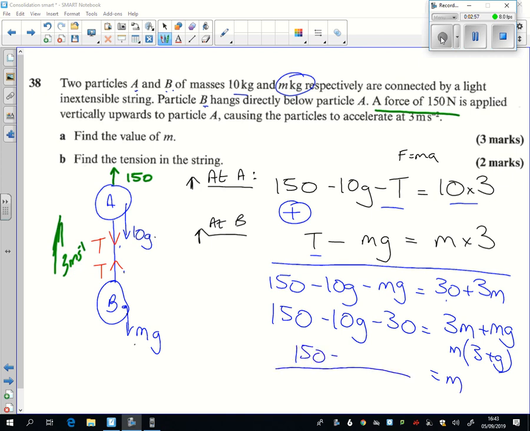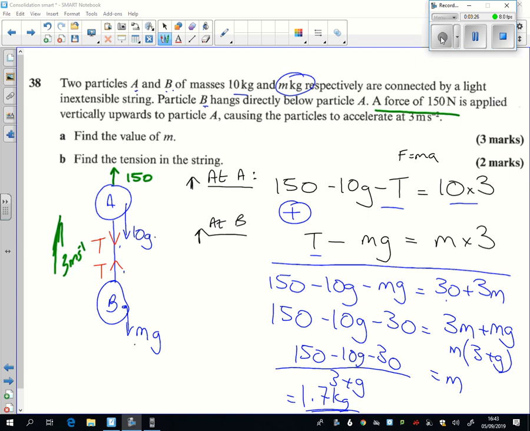So I've got 150, take away all of this, just tap that in the calculator now, divide by 3 plus g, or that's about 12.8, and the grand total of all of that when you tap that all into the calculator is 1.7 kilograms. Now, we now know that the mass is 1.7 kilograms, so we can actually find out what the tension is quite quickly now.